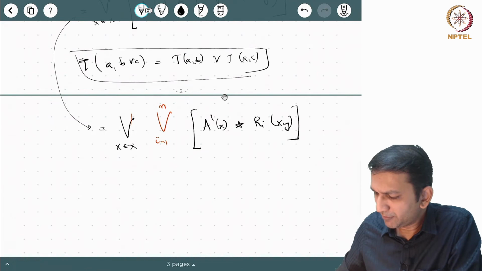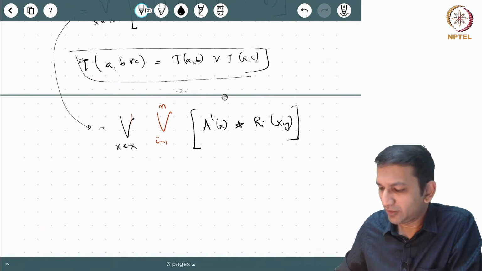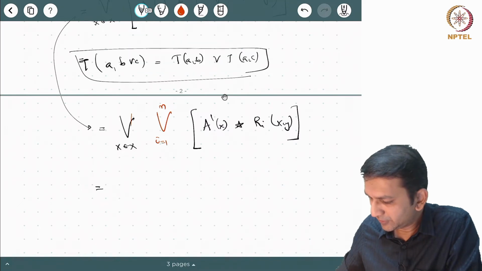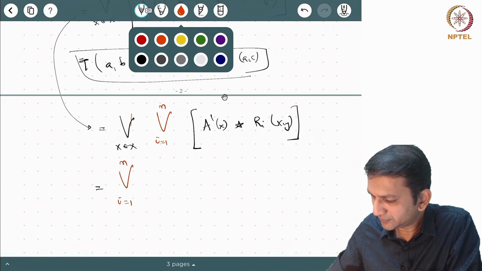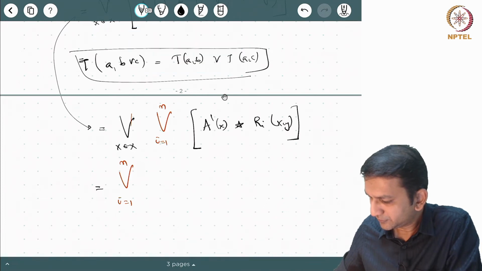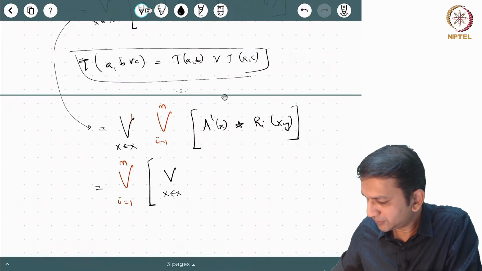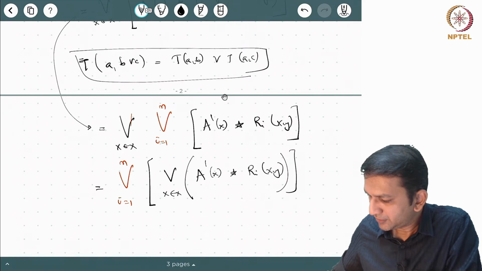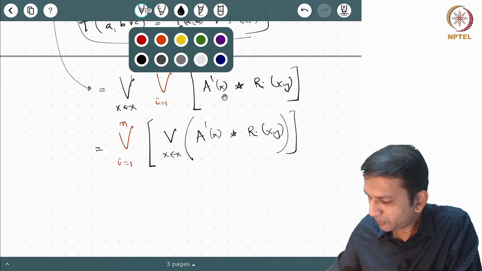Now these are maximum or supremum taken over two different domains. Easily we can switch them. You can write this as i equal to 1 to n, supremum x element of X, A dash of x star Ri of x, y. But note, what is this?